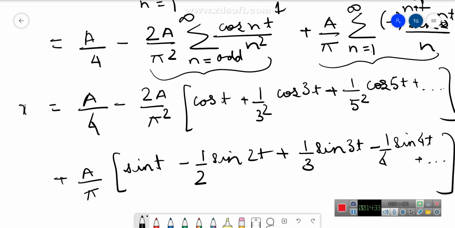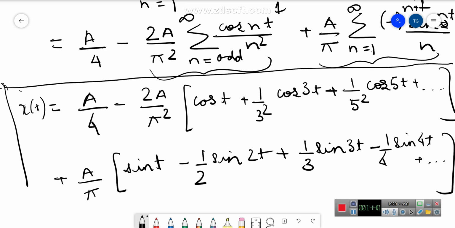So this is how my x of t will look after substituting the values of the Fourier coefficients, that is a naught, an and bn values.